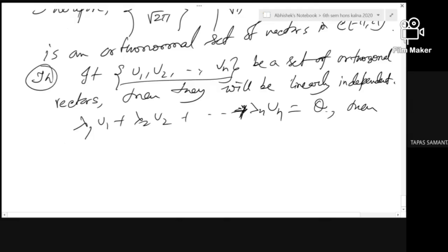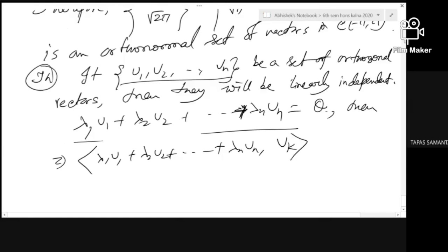Then by taking the inner product with some vk, we have ⟨λ1 v1 + λ2 v2 + ... + λn vn, vk⟩ equal to ⟨θ, vk⟩, and this is going to be 0.